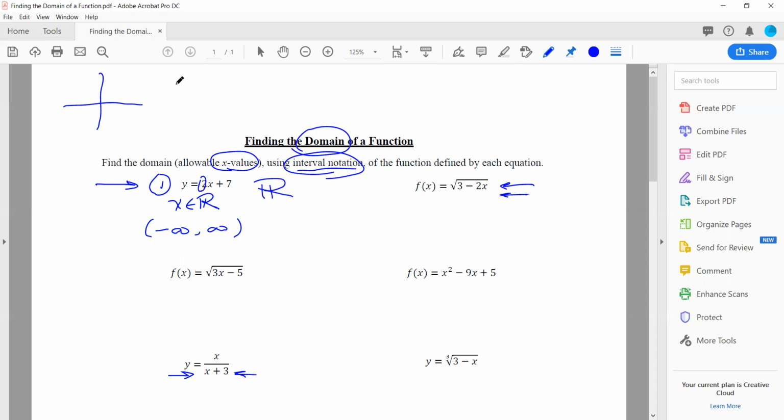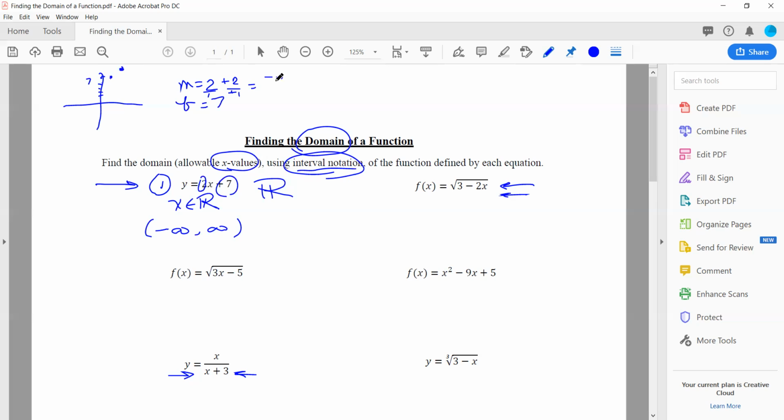Like in this one, the slope is 2 and the y-intercept is 7. So a real quick sketch: here's 7, and then the slope is up 2 to the right 1, up 2 to the right 1.